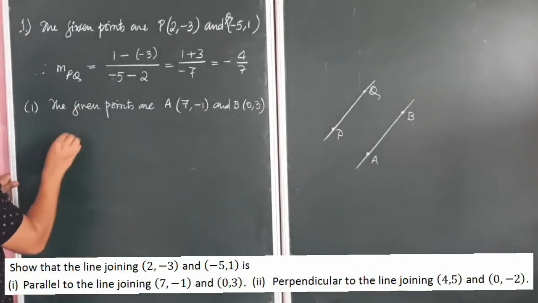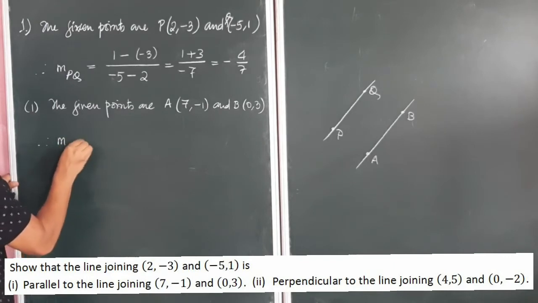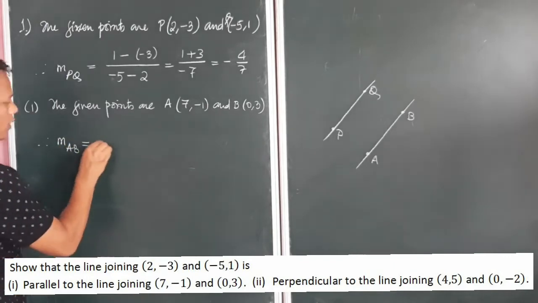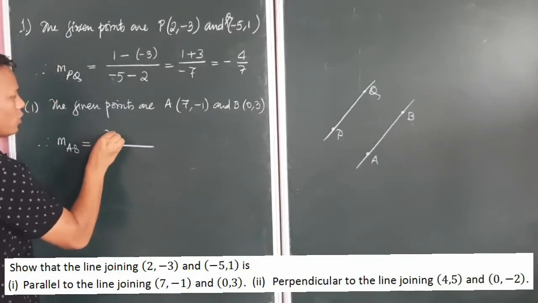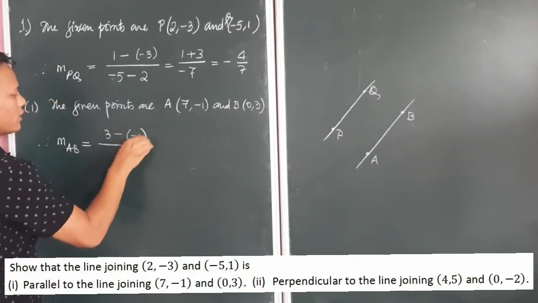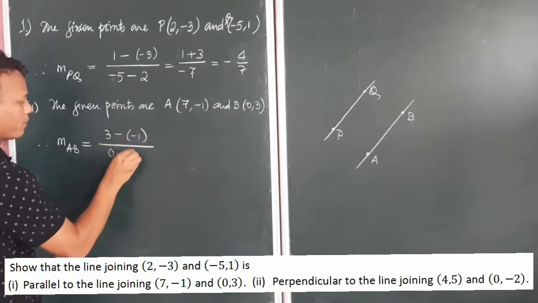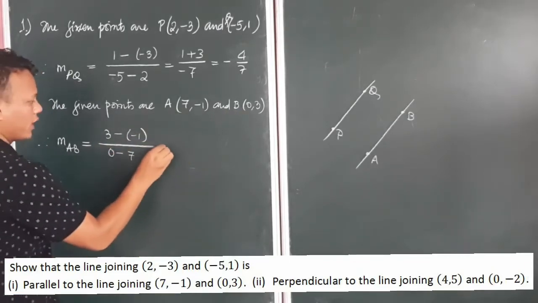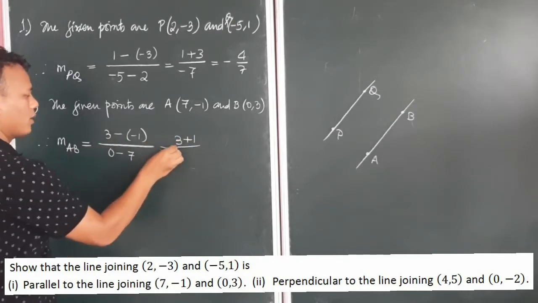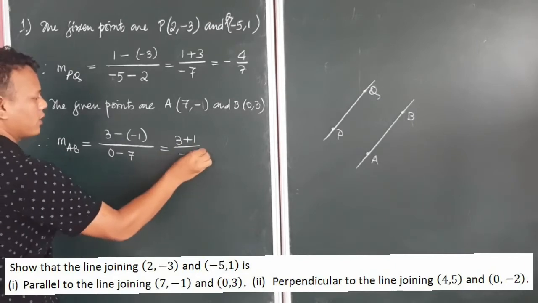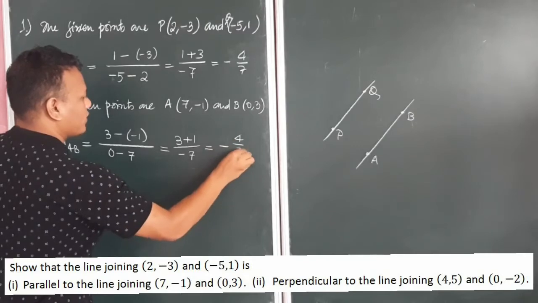So we have m of line AB, the slope of AB. Again this is my x1 y1 x2 y2. The formula says y2 minus y1, which is 3 plus 1, divided by x2 minus x1, which is 0 minus 7, that is -7. 3 plus 1 is 4, so it is -4/7.